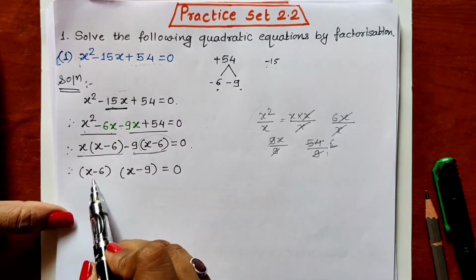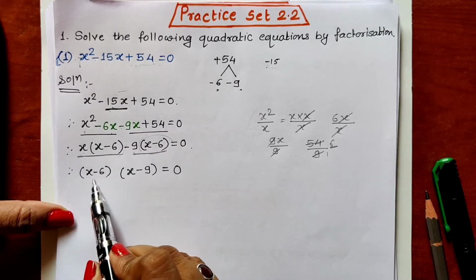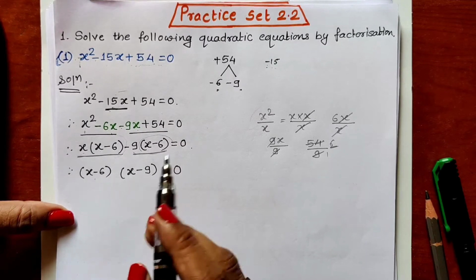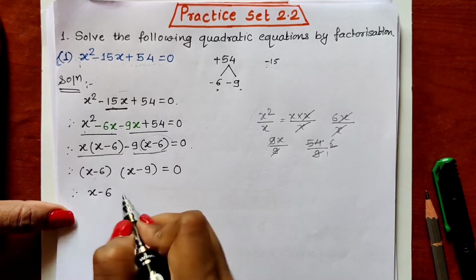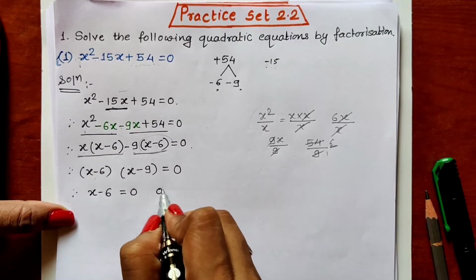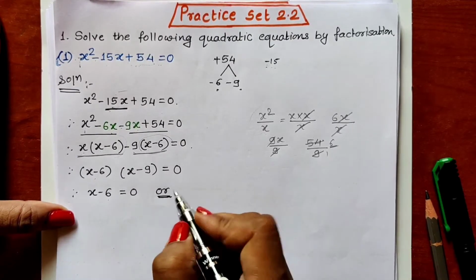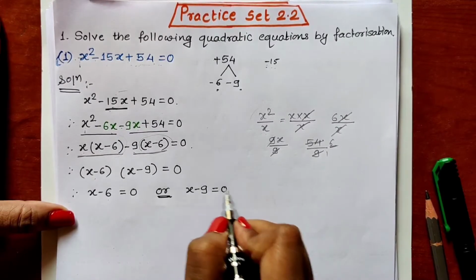Similarly here, when the multiplication of two brackets is 0, either the first bracket is equal to 0 or the second bracket is equal to 0. So we write x minus 6 is equal to 0. Now we don't put a bracket, we write or. Writing this or is also very important. Or x minus 9 is equal to 0.